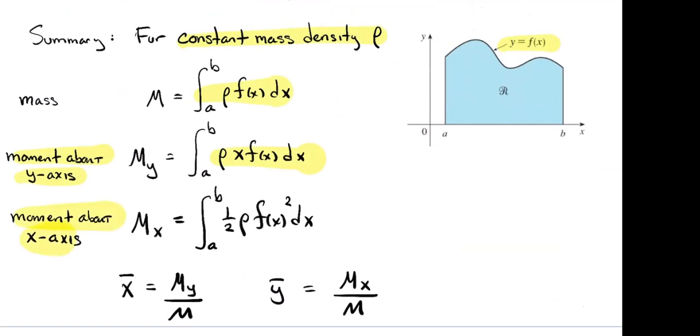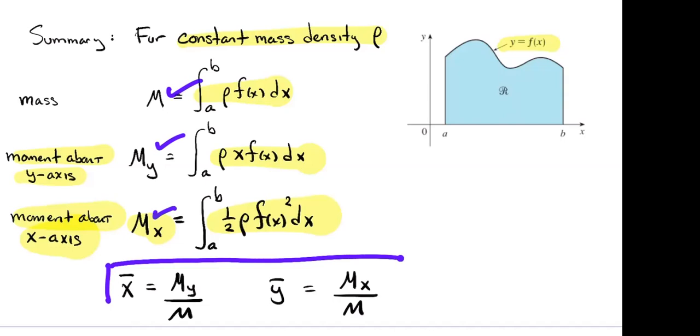And to compute the moment about the x-axis, you compute 1/2 rho times the function value squared. So you compute 3 integrals: the mass, the moment about the y, the moment about the x. And then you find the coordinates of the centroid by assembling in the same way you do for the discrete system. The x-coordinate is My over m, the y-coordinate is Mx over m.